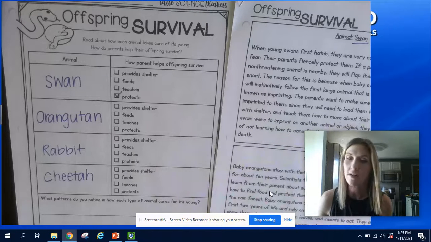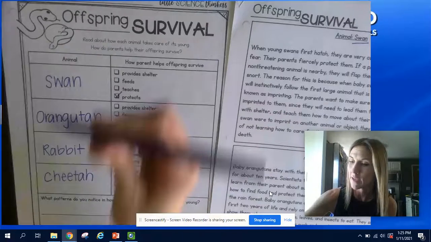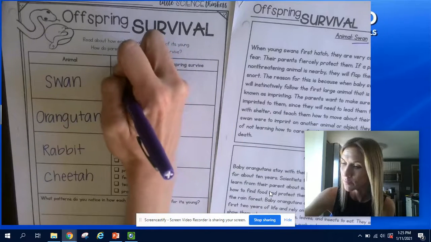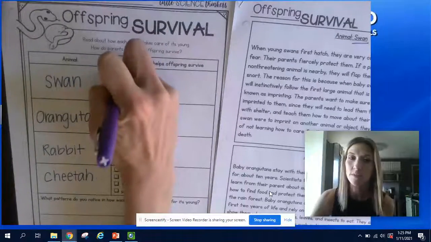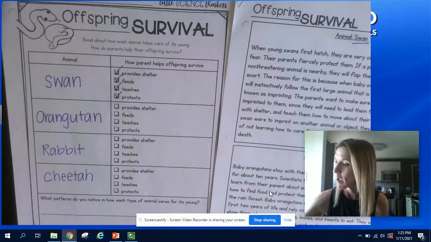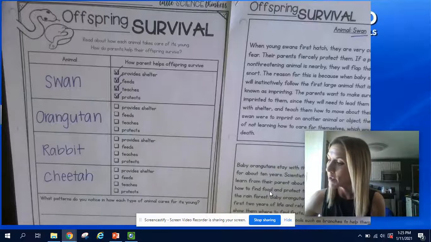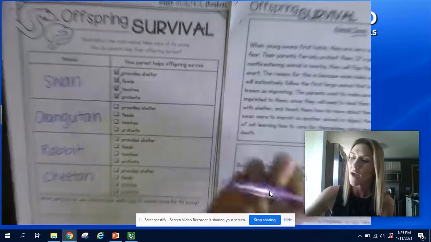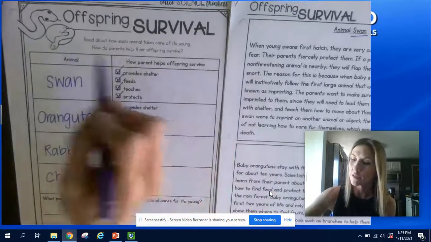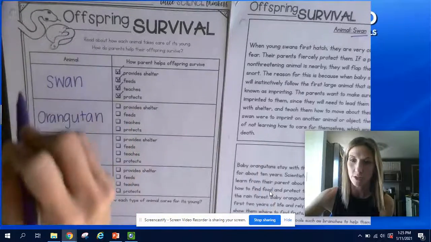So I'm seeing all three of the rest of the things. I'm seeing that they want to provide shelter, they feed their young, and they also teach them how to get around in their habitat. If the baby swan were to imprint on another animal, they would be in danger of not learning how to care for themselves. So I have done the swan part of this worksheet for you.